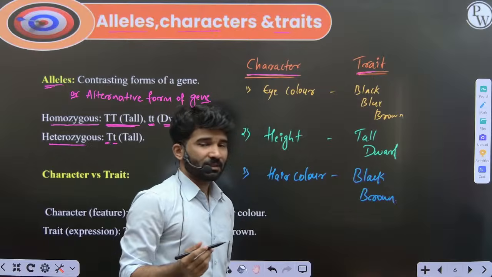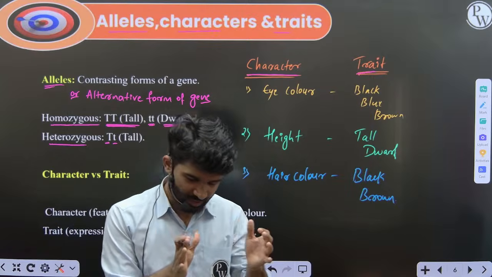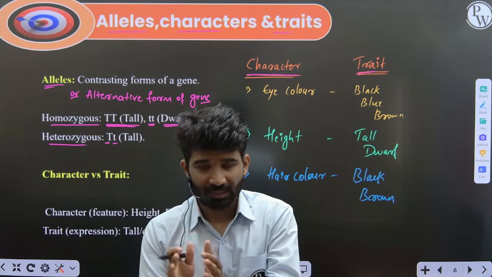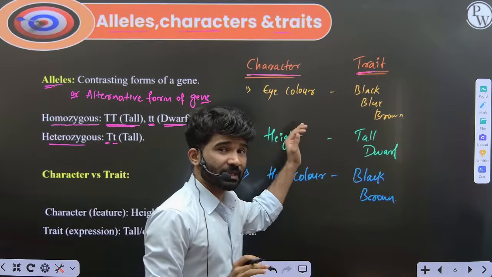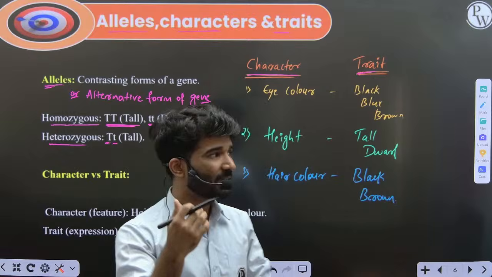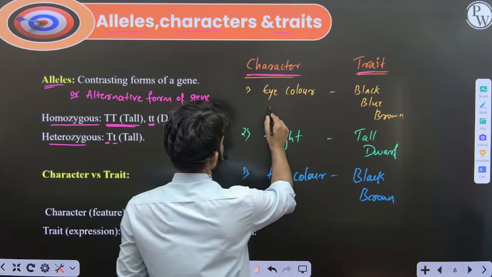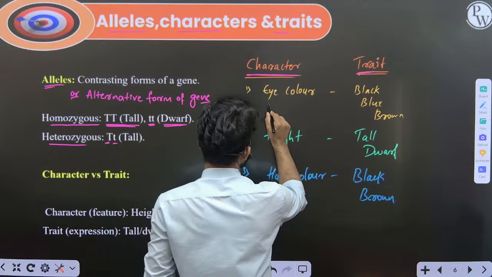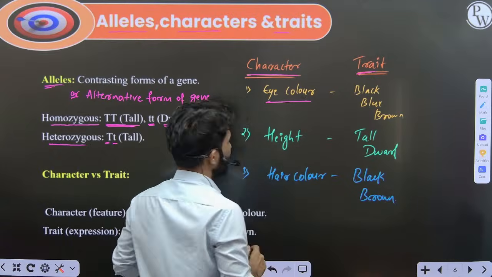Tell me what the differences are. How can you differentiate character from a trait? When it comes to a character, these are the features of the organism. You can take an example of one feature or character, eye color.